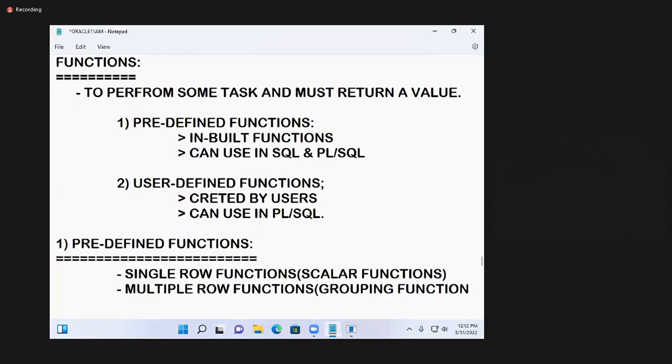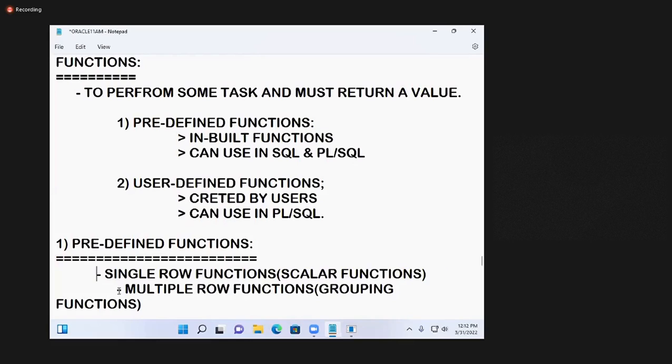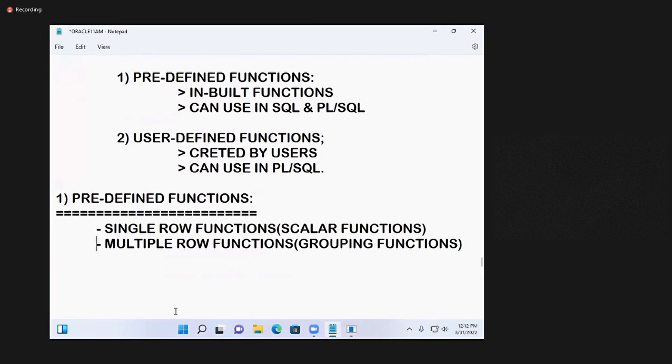So in predefined, again two categories: single row as well as multiple row. Single row we call scalar, and multiple row grouping.